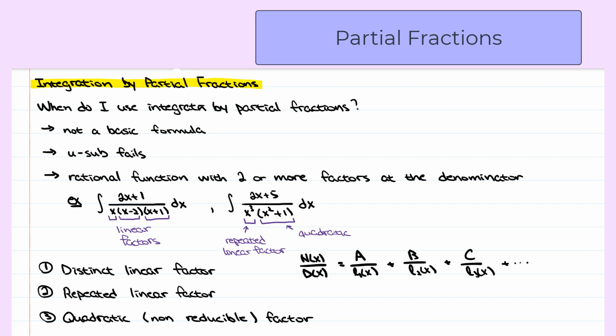And for the second case, when you have a repeated linear factor, for example, you have a numerator as a function of x, and the denominator is a linear factor of x to the power of k times some other factors.